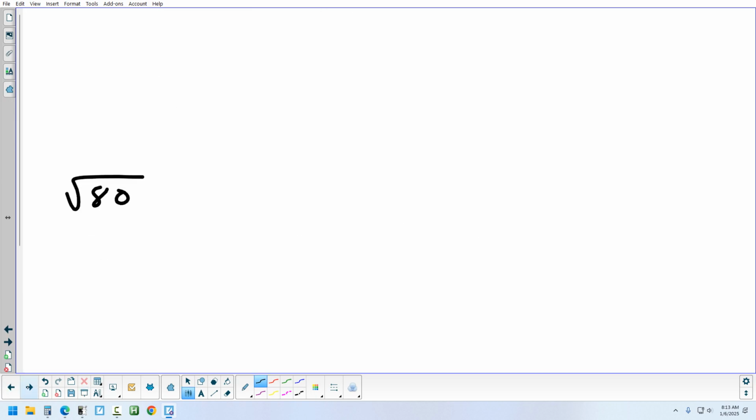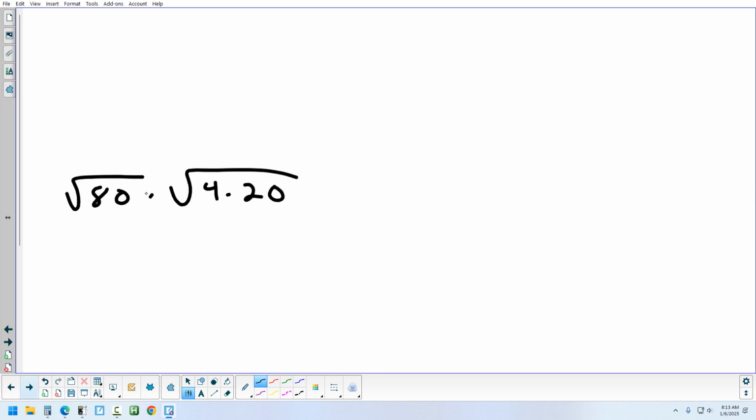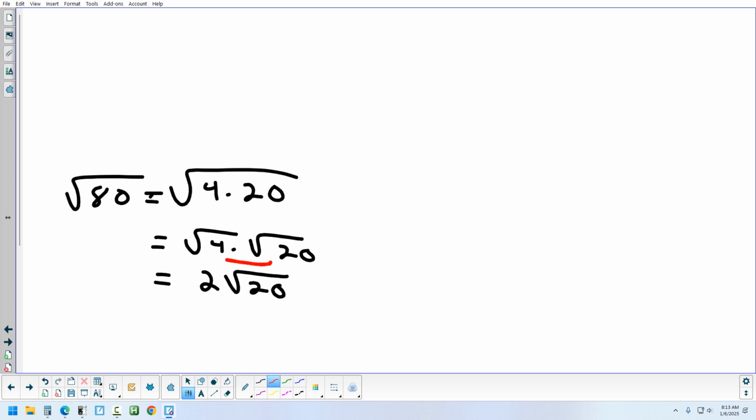If we break it up into 4 times something, that's fine, because 4 is a number in that list, and I said you could pick any number that was in that list. So you got square root of 4 times square root of 20, and the square root of 4 is 2. The problem with that is this part right here simplifies again.